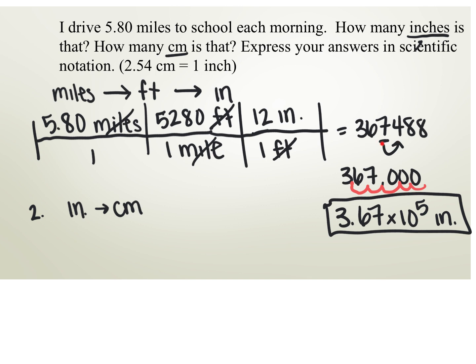Okay, we really don't want to round until the very end. So we're not going to take this number because this one's already rounded pretty heavily, correct? Okay, so you're going to take this number. Yep. So we'll start with 367,488 inches.